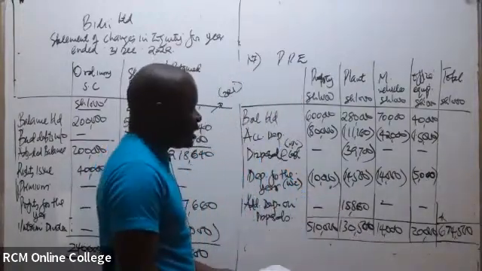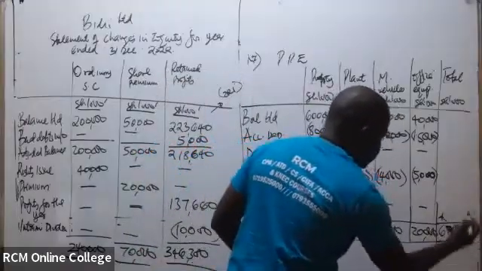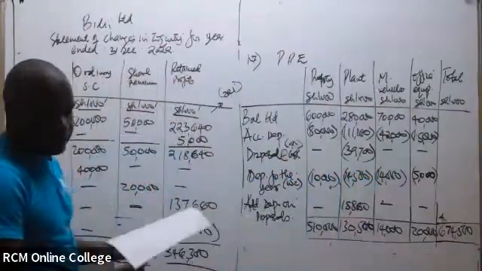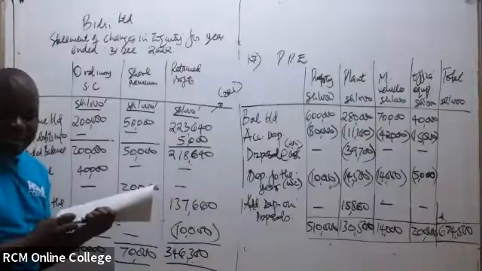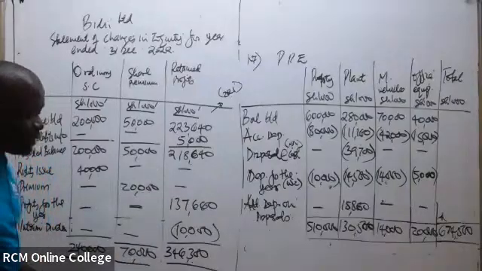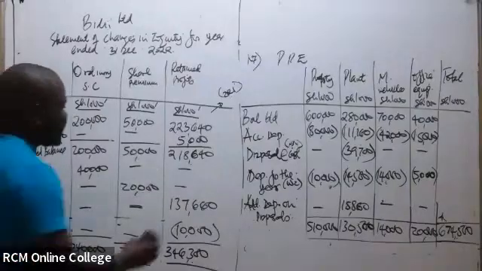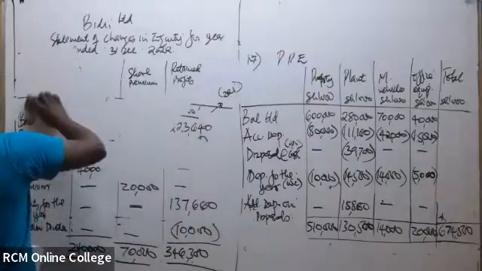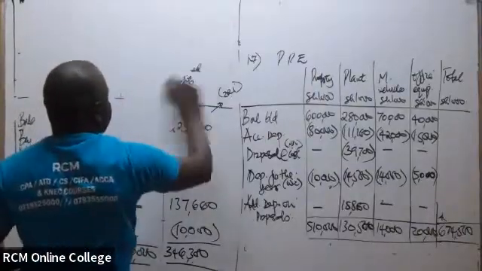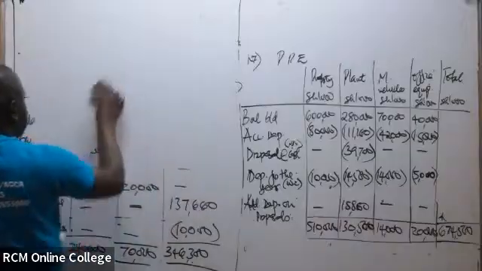They only mark this particular figure in the statement of financial position. So for you to score the mark, you need to take that one figure. And therefore, in this case, we can now present our statement of financial position.